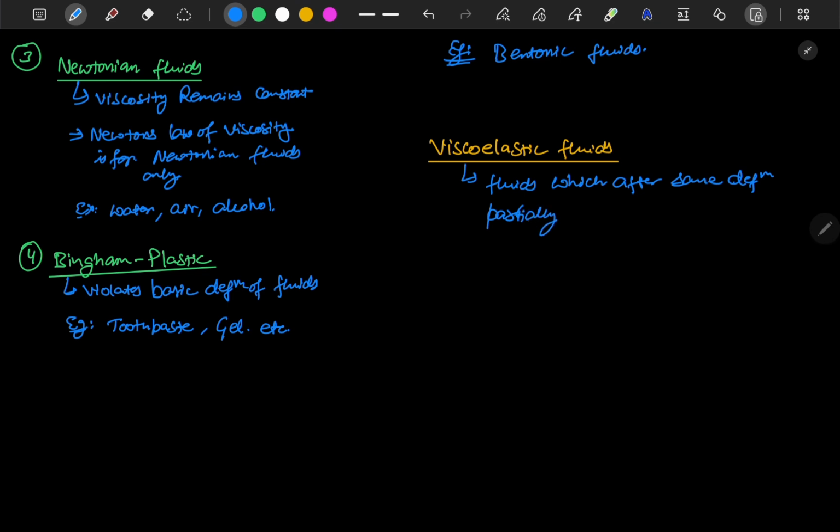Like what happens in a solid, after deformation your solid regains its shape, but in case of your viscoelastic fluid, it partially returns to its original form.